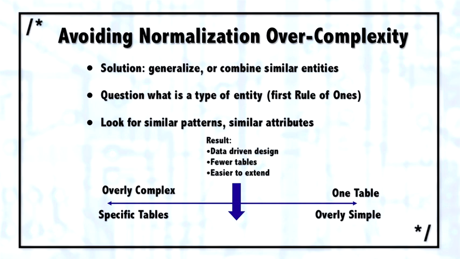So the way to deal with over-complexity with normalization is this idea of, do we generalize or are we very specific as we decide what makes up a group of items? On the side of being very overly complex, I've seen databases that end up with 87 or more tables. When I came by and looked at the same requirements, did some generalization and came up with 17 tables to do the same thing.